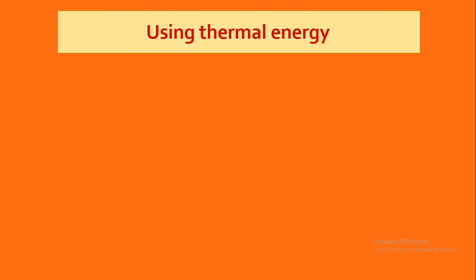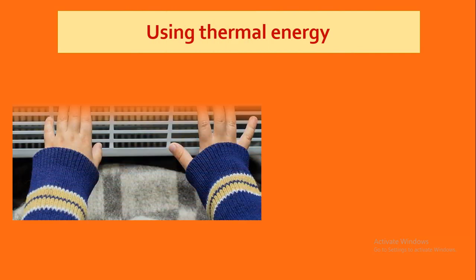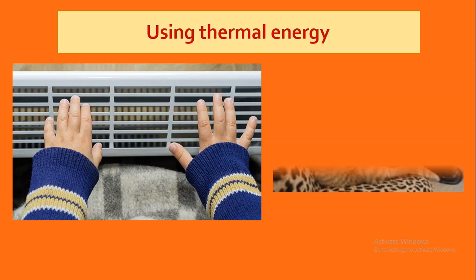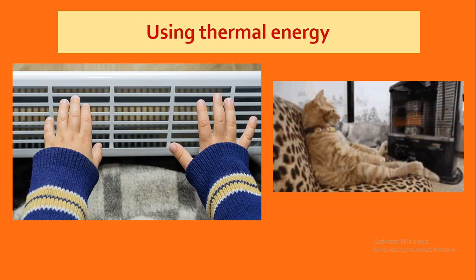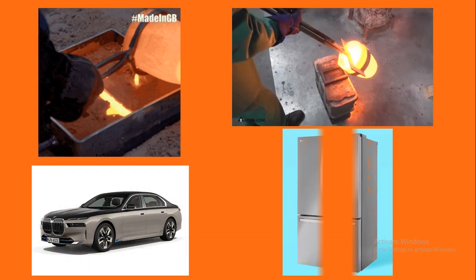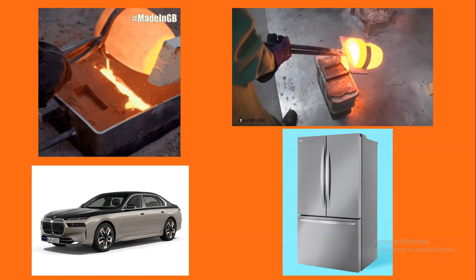Now, the last topic that we're going to talk about is using thermal energy. People use thermal energy for many things. People who live in cold climates use thermal energy to heat their houses. In factories, thermal energy is used to melt steel so that it can be shaped to build cars, refrigerators, and other useful things.